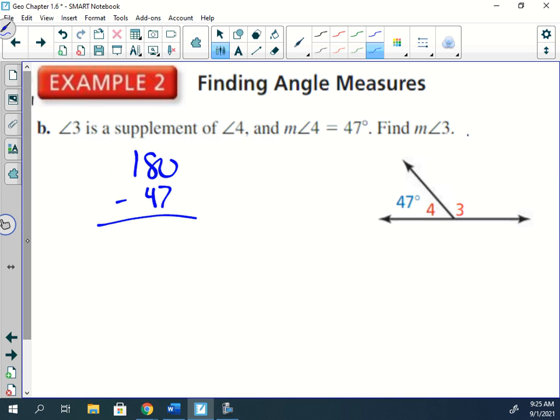So I can really subtract 47 from 180 and get 133 degrees is going to be the measure of angle 3. Because either one of these ways works. We could have started off with the measure of angle 3 plus the measure of angle 4 equals 180. Substitute 47 degrees in, subtract from both sides, and find out that it's 133. Or we can just do this here. Question?